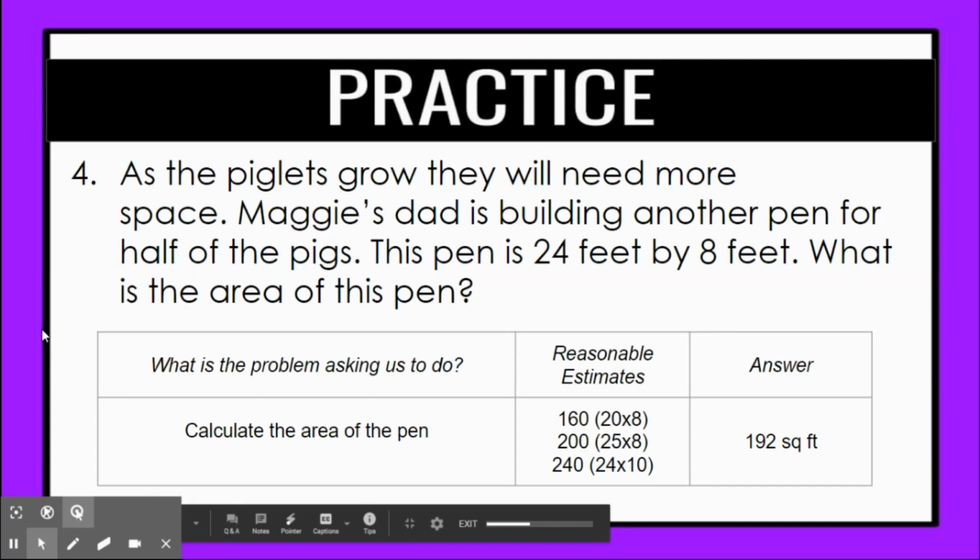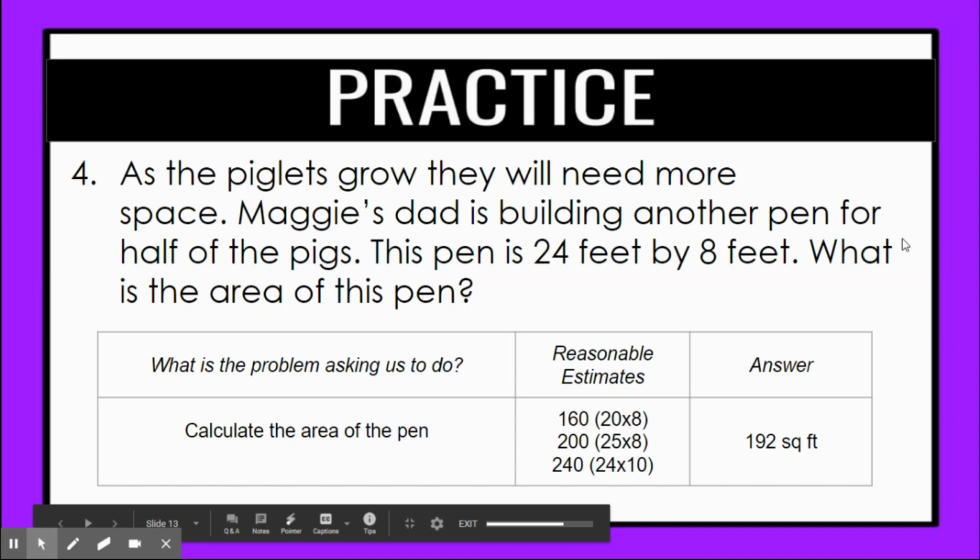All right, so go ahead and plug in that answer, 192 square feet, and then look back at your estimate. Hopefully every time you get just a little bit closer with your estimates to the actual answer. Now, those of you who go off to the side and figure out the problem before you make an estimate, that is not what I'm asking you to do.